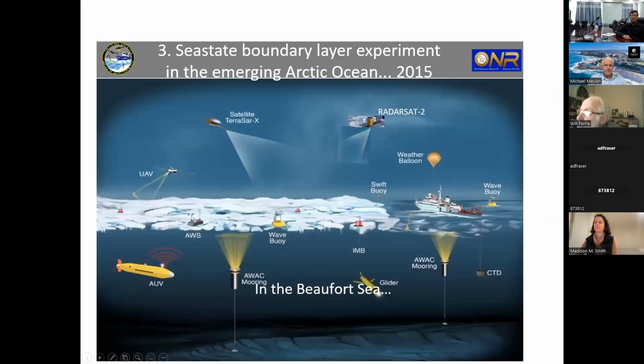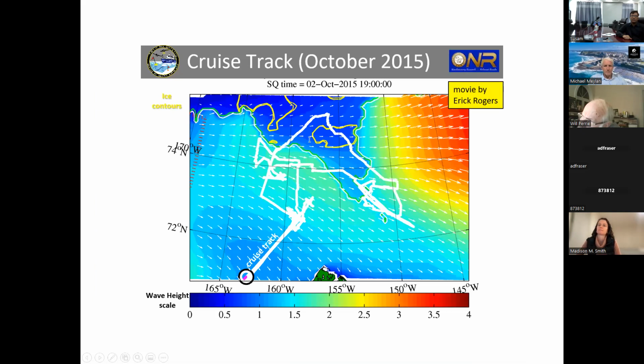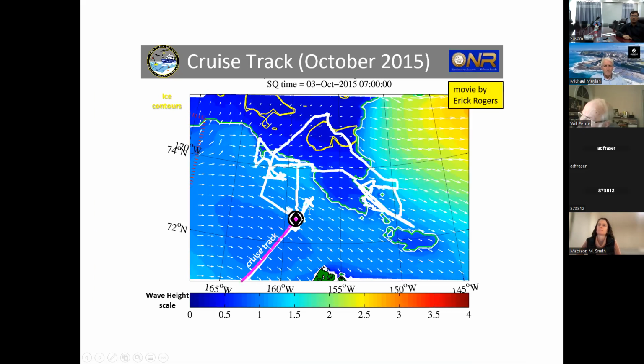And so this comes to the sea-state boundary layer experiment that Jim Thompson led. And that's the schematic of some of the instruments in the water. And you can go to his website and find lots more information about this experiment. This is a movie that Eric Rogers made showing you the ship transect for 6 weeks as it moved around the ice. And what's interesting is here is a diversity of cases.